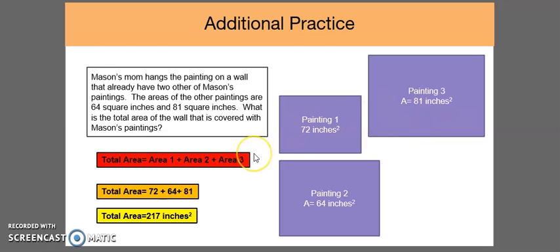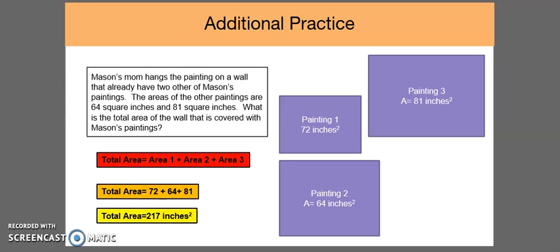To find the total area, total meaning adding, we add these three values up. The total area is the first area plus the second area plus the third area, which gives a total of 217 square inches.